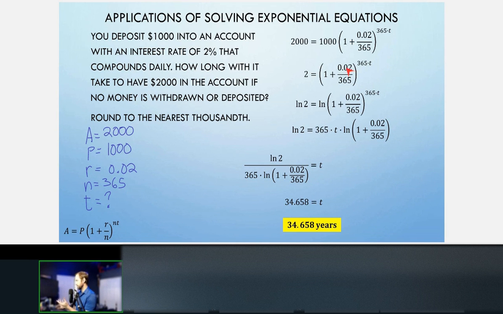So it's not as straightforward as the previous problems, and that's why doing it this way allows us to finish the problem without hopefully much issue. Because we really don't want a log with a base of all of this stuff. It looks really weird.